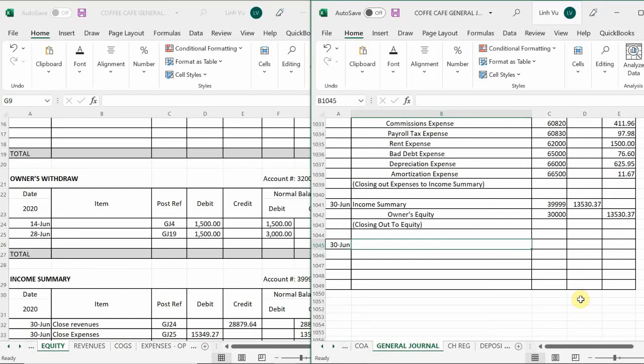So therefore, I need to credit my owner's withdrawal, and therefore, I need to debit my owner's equity. Okay. Which is 3,000, and I need to zero it out for a total of $3,000.